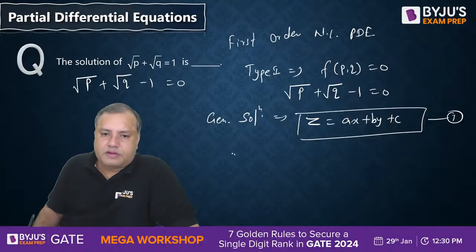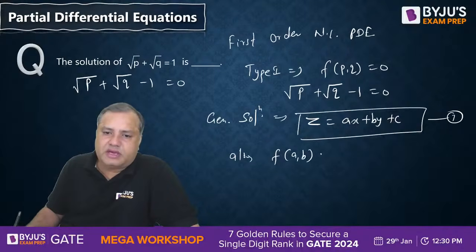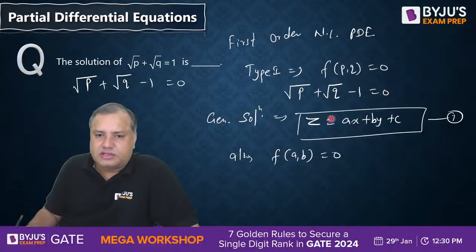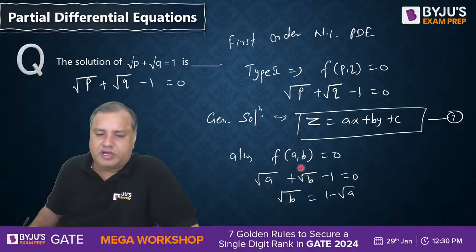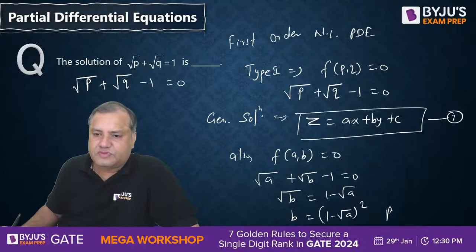Now, we also know that f of a comma b equal to 0. So in this relation, root a plus root b minus 1 equal to 0. So root b equals 1 minus root a. Squaring both sides, b is 1 minus root a whole square. You can put this in equation 1.